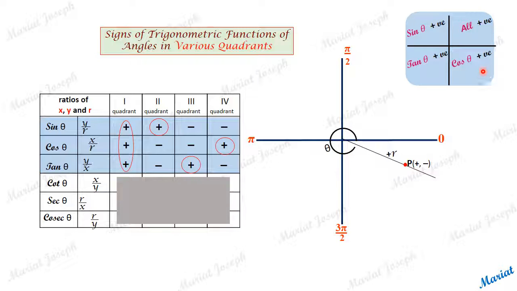And lastly, in the fourth quadrant, cos theta and its reciprocal sec theta will be positive. So, in the first quadrant, all; second quadrant, sin theta; third, tan theta; fourth, cos theta. All, sin, tan, cos. Remember it.